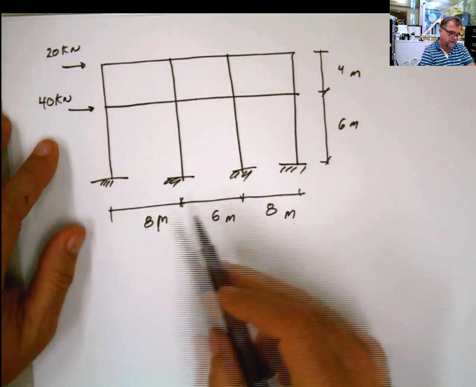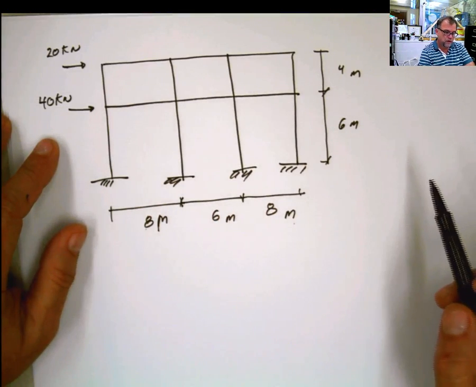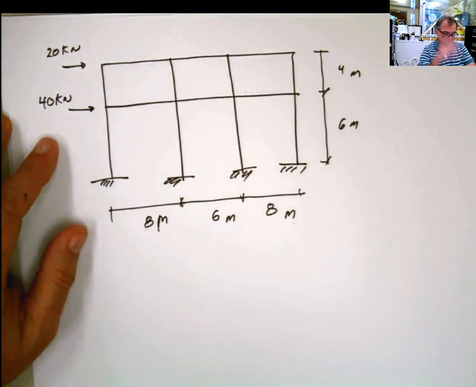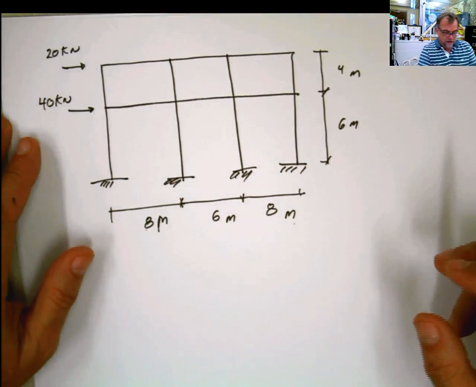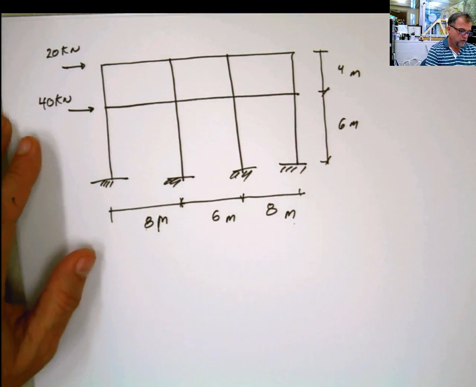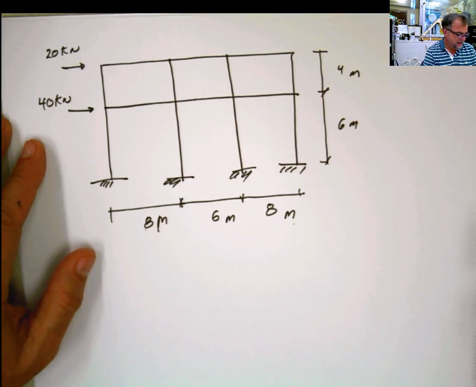You have 3, 5, 6, 9, 12 times 2, 24, and then you have two bodies, you name it. So many redundants. So how do we do that? The first thing we do is place hinges. Where are we going to place the hinges? At the midpoints of every single element.